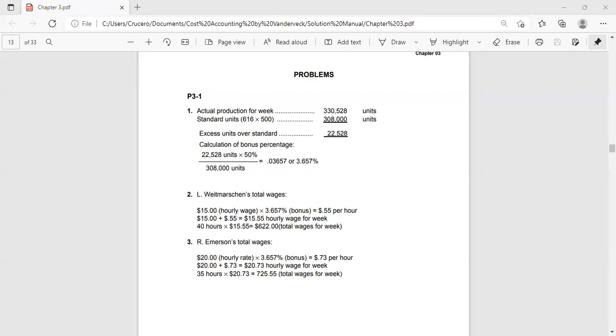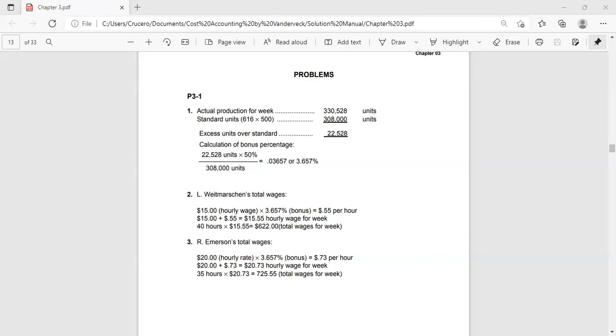So that's now the number of hours worked, and we multiply it by 500 units. So hours worked 616 multiplied by the hourly number of units of 500. So we have 308,000 units. So there is an excess over the standard of 22,528.